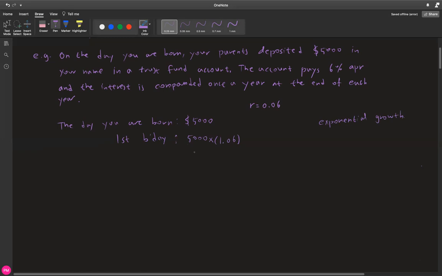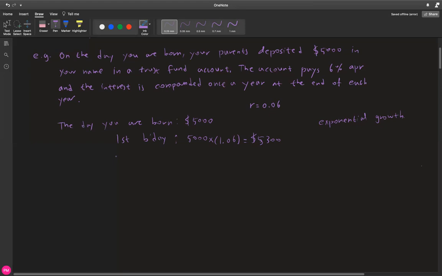So on your first birthday, you have this much. So if you put this into calculator, you should end up with $5,300. So it already accumulated $300 in interest.